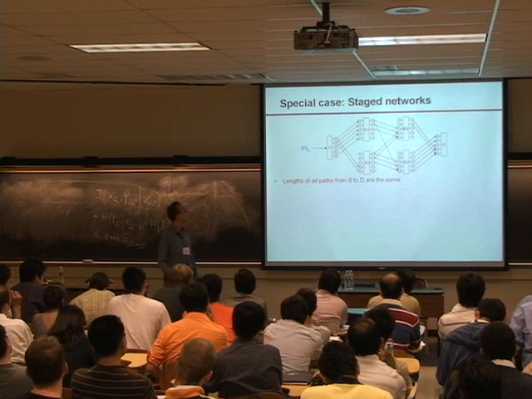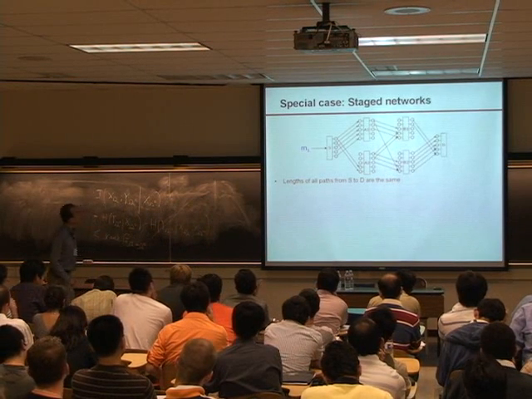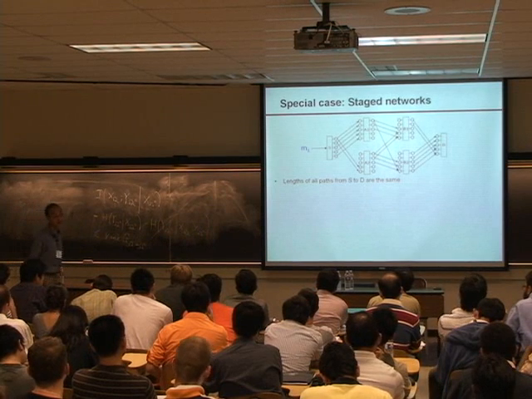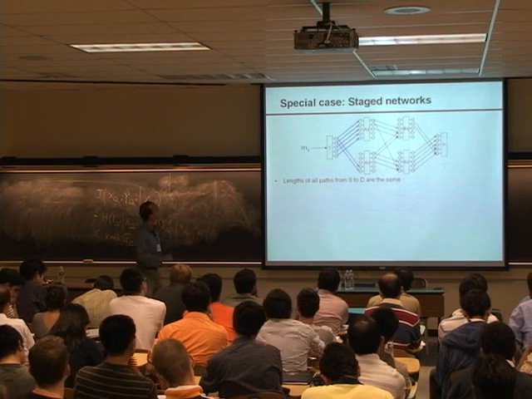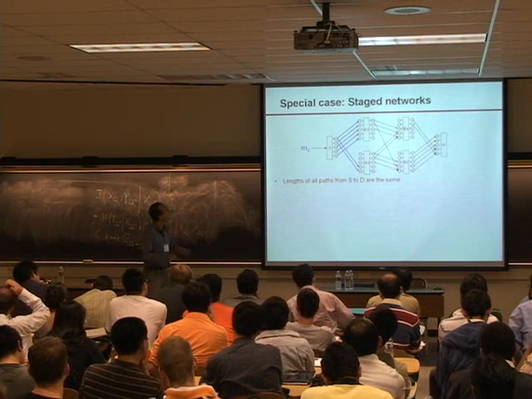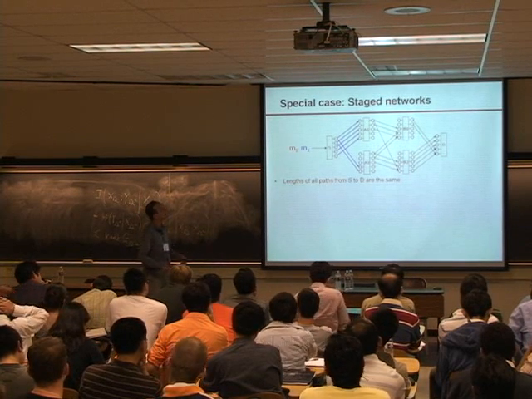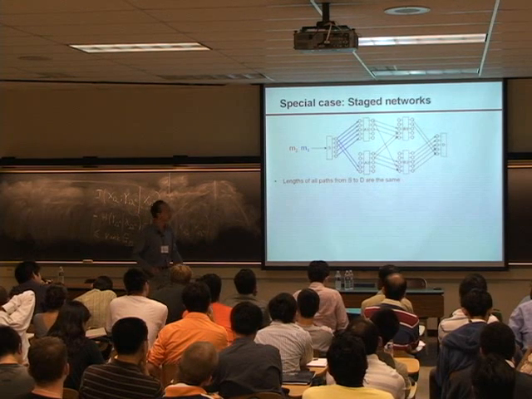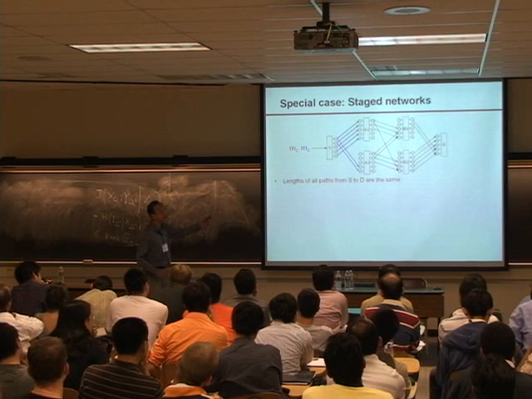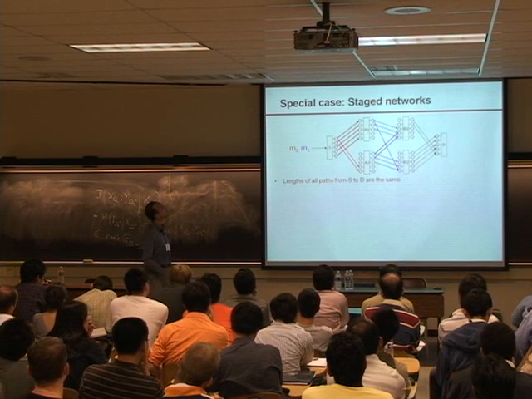And it turns out that for a staged network, things become simpler. And here's why. Suppose I want to send a message, M1. And now the source node will do something, and then the next message flows in. Now the source node is done with M1, and now it encodes M2.